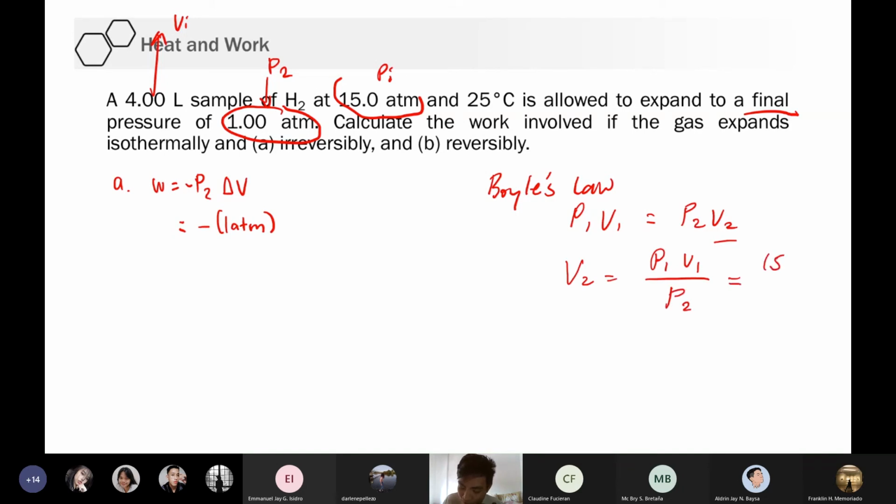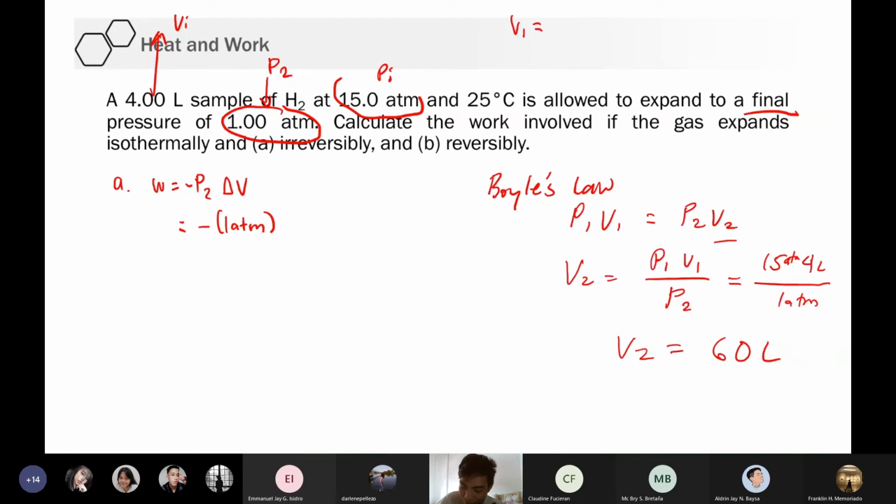Initial pressure, 15. Initial volume, 4. 15 atm, 4 liters. Pressure 2 is 1 atm. So, what's the final volume? 15 times 4 divided by 1. 60 liters. Kita nyo yan? Lista ko dito yung mga given.